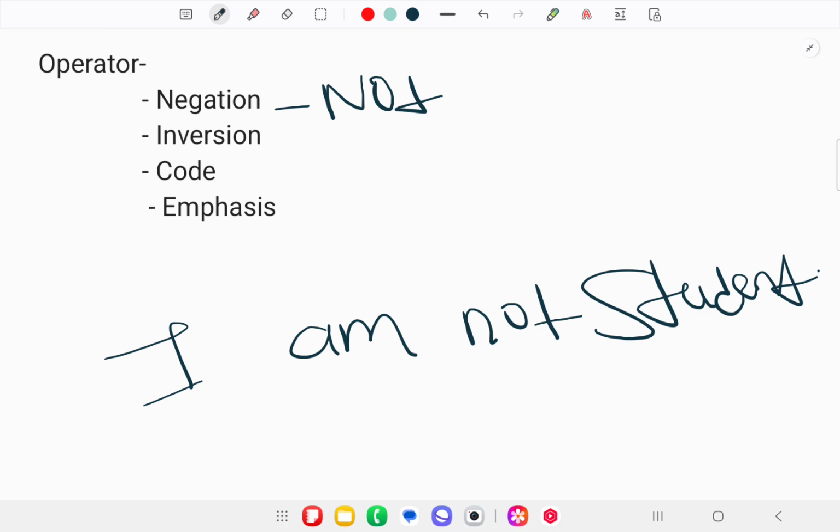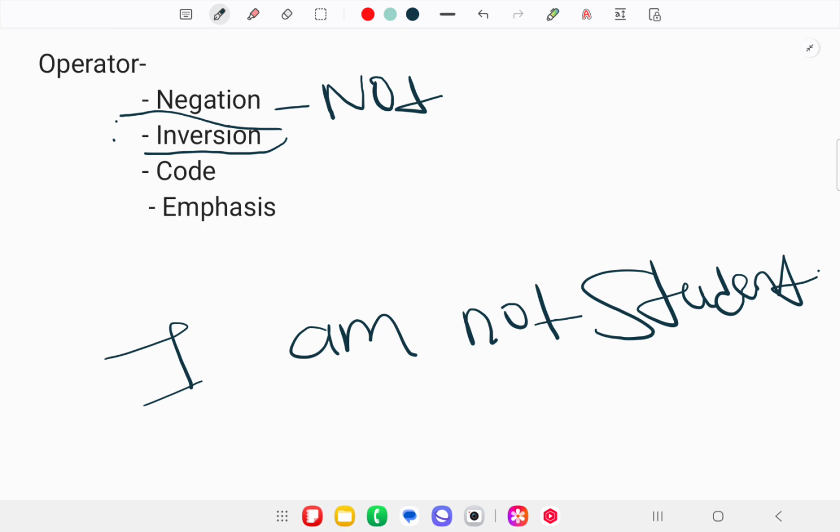Next we have another topic, that is inversion. Inversion means the replacement of the negation. One more important point we should know is that in informal style, and I'm not talking about the formal style, I'm talking about the informal style, not is often contracted to n't, and in writing n't is attached to the operator.